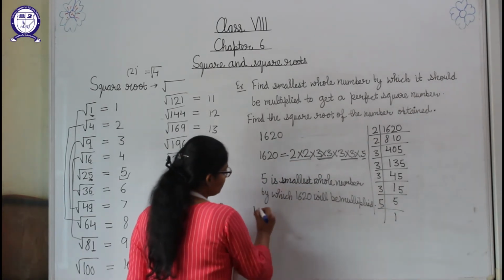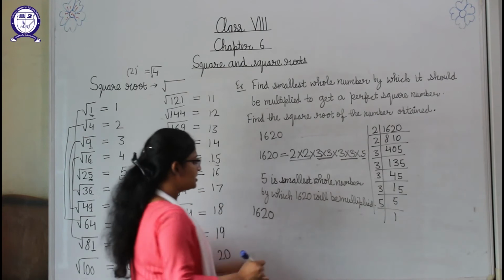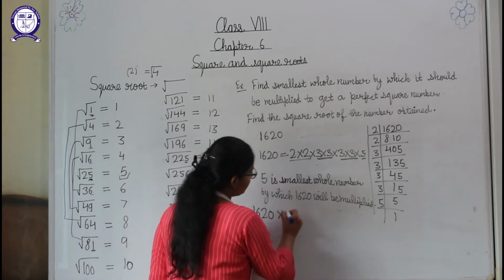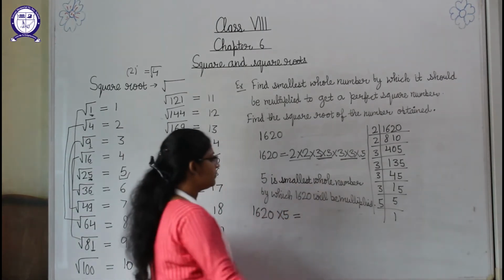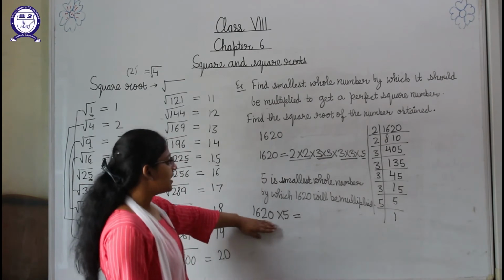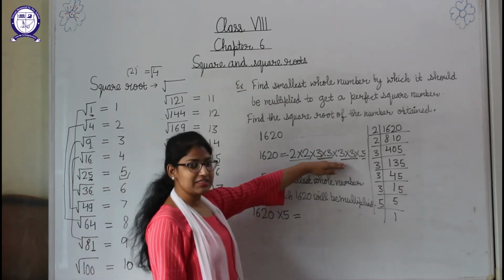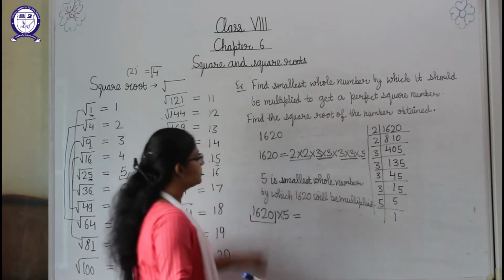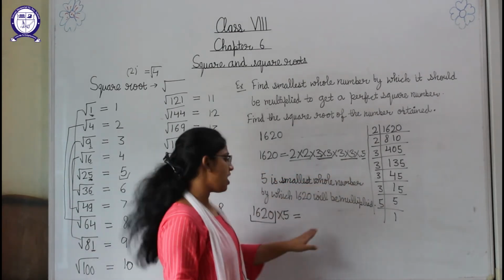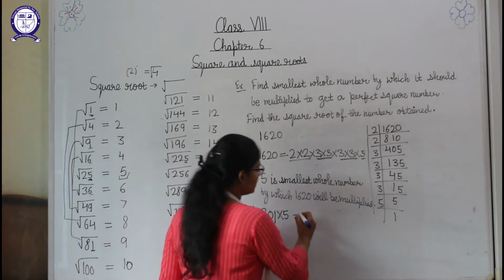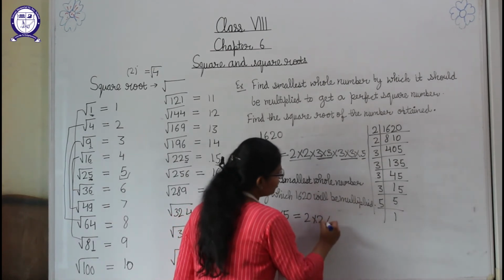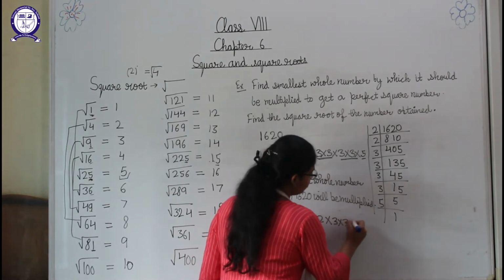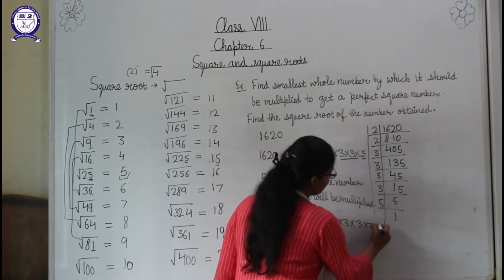Okay, now when we multiply 1620 by 5, what will the prime factors be, students? Here the prime factors will remain the same as those of 1620. So I am writing the prime factors of 1620 here, which are 2 into 2, 3 into 3, 3 into 3, and 5.